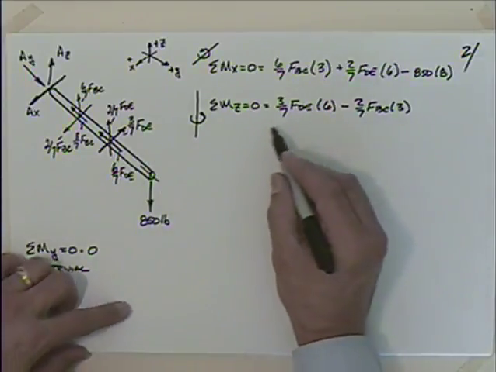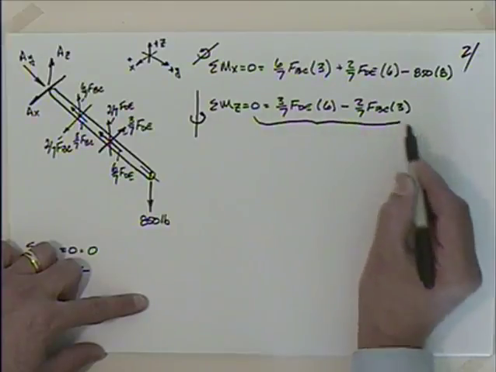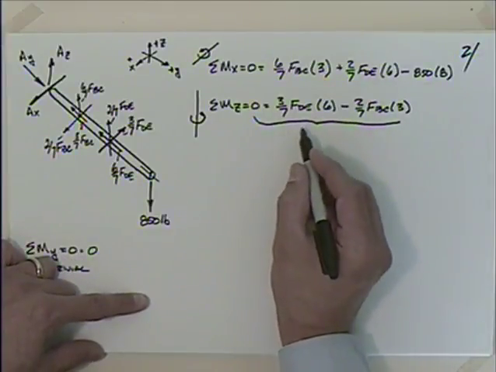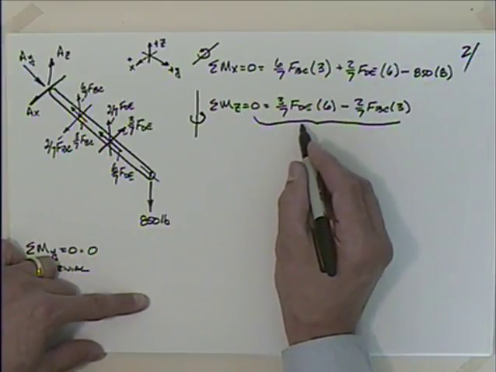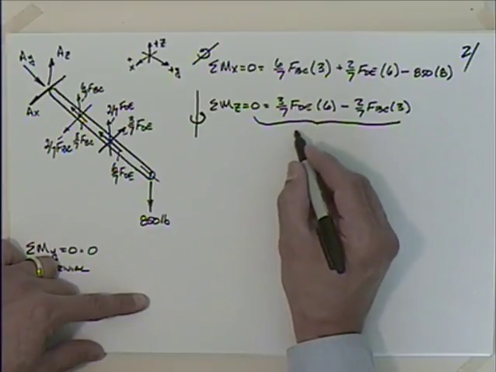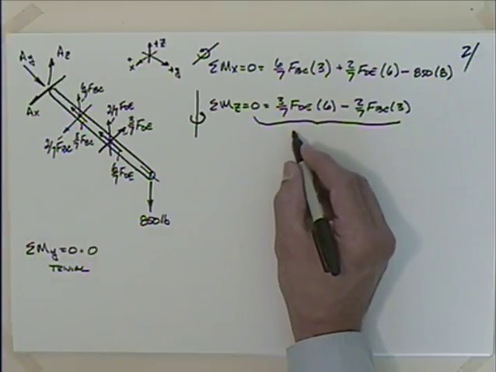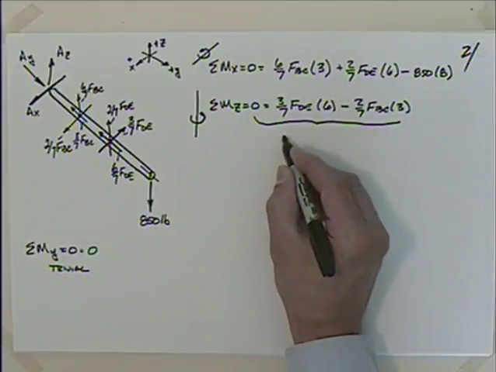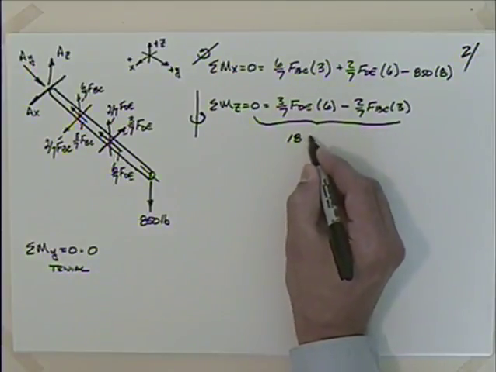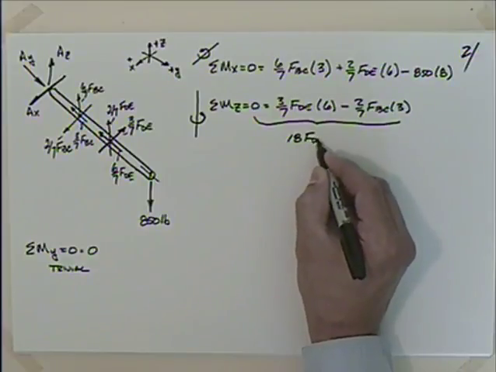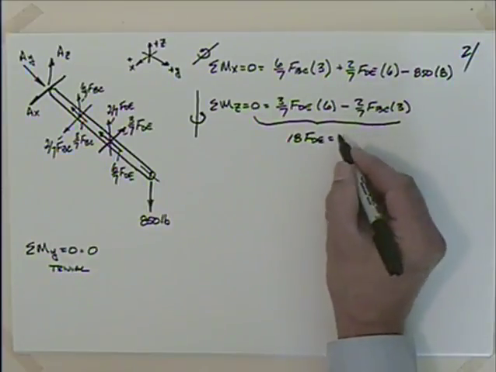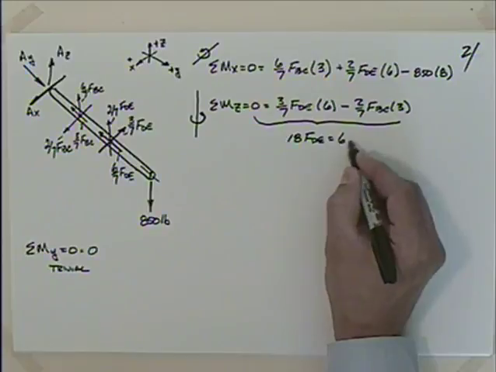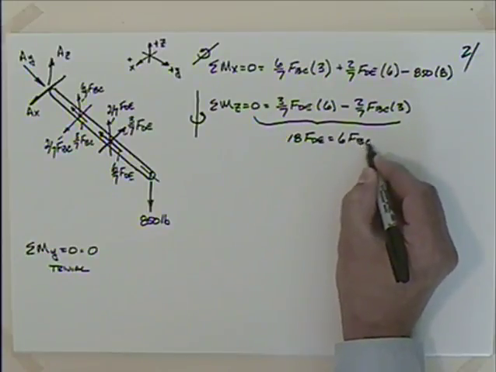So I have two nice equations, don't I? I've got this equation here. Quickly multiply both sides by 7. And you'd recognize then, what did I have? I've got 18 FDE is equal to, because that's negative, go over to the other side, 6 FBC.